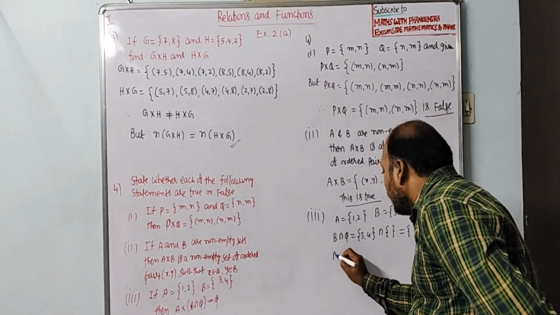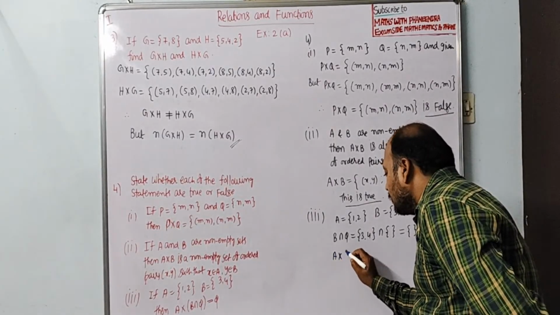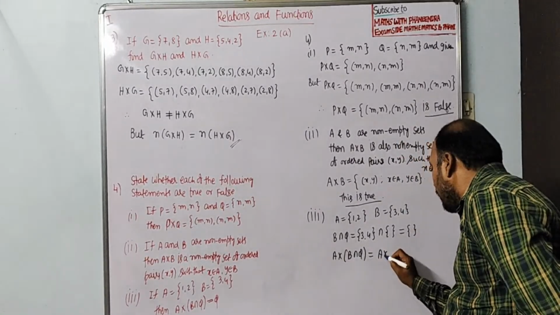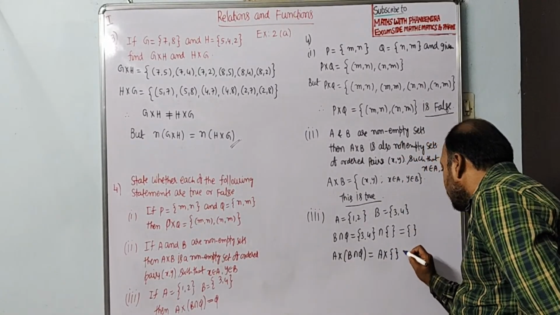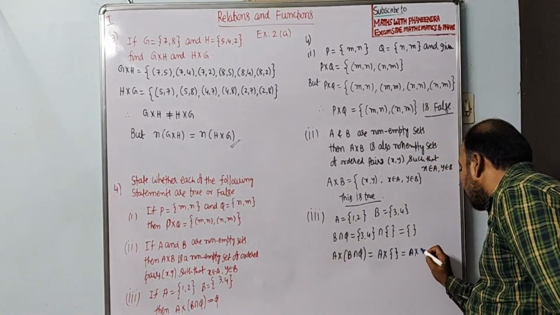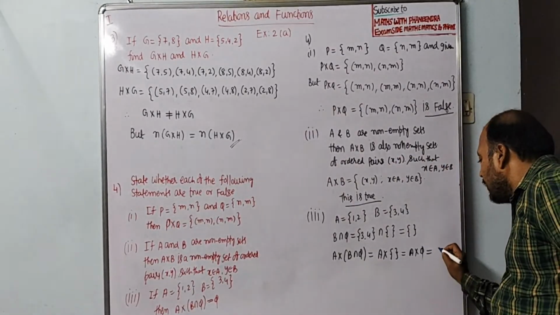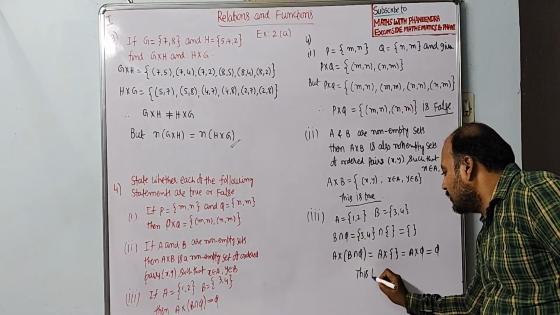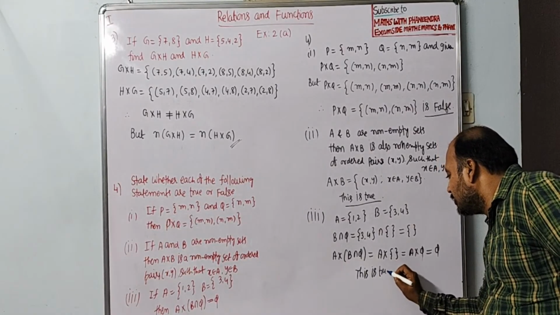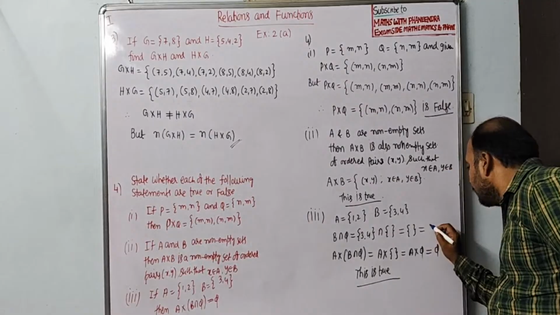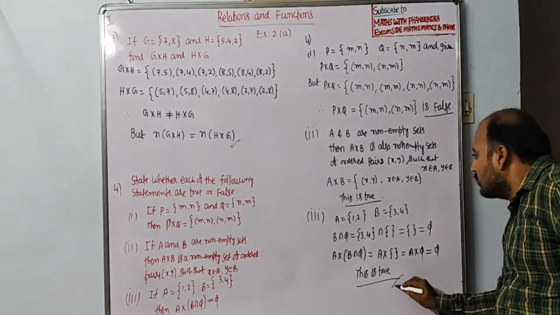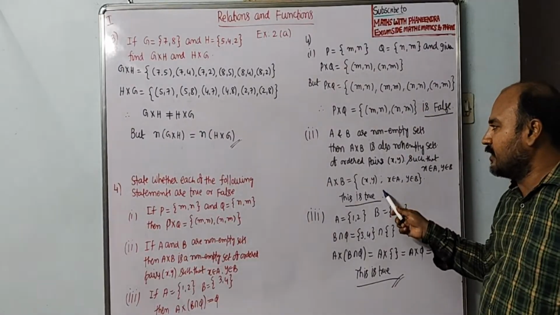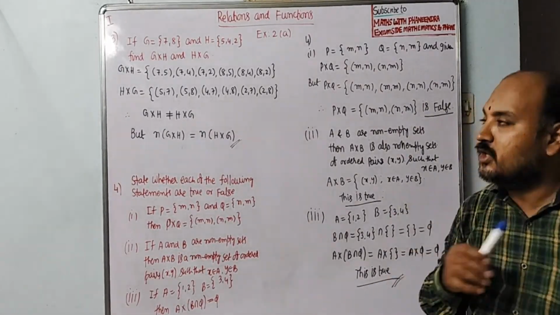So A cross (B intersection empty set) is equal to A cross null set, which is the null set. This is also true. So out of these 3 given statements, the first statement is false, the second statement is true, and the third statement is also true.